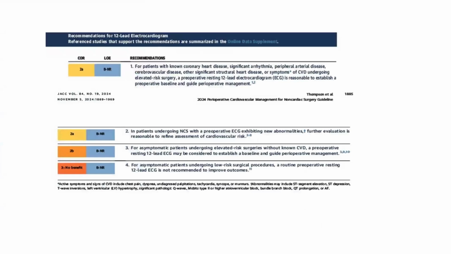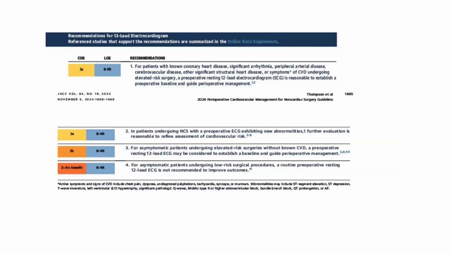One of the most common ones is EKGs. When should we get EKGs, and when are they beneficial? So if a patient has known coronary artery disease, known arrhythmias, peripheral artery disease, things that we know put them at risk, we know those patients should have an EKG prior to surgery.